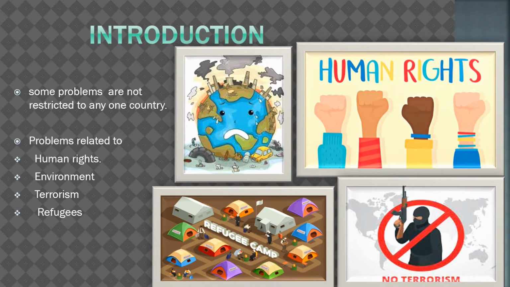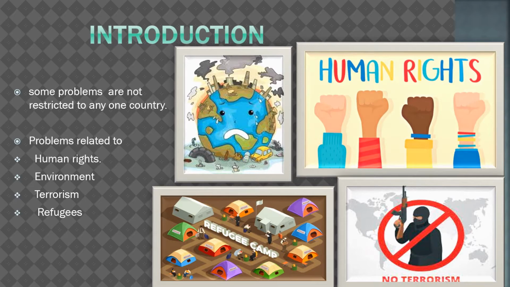Children, in the earlier chapters, we have studied the sovereign state in the international system, Indian foreign policy, and the Indian defense system. We also studied the objectives of the United Nations. In this chapter, chapter number 6, we are going to study some important international problems.